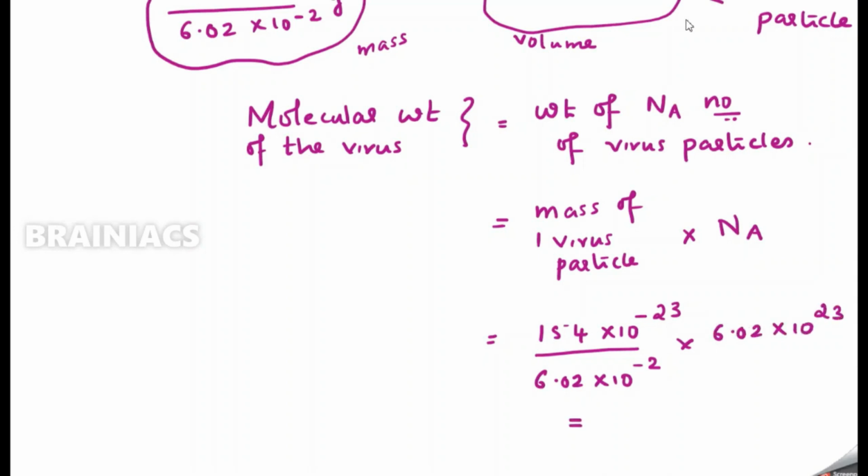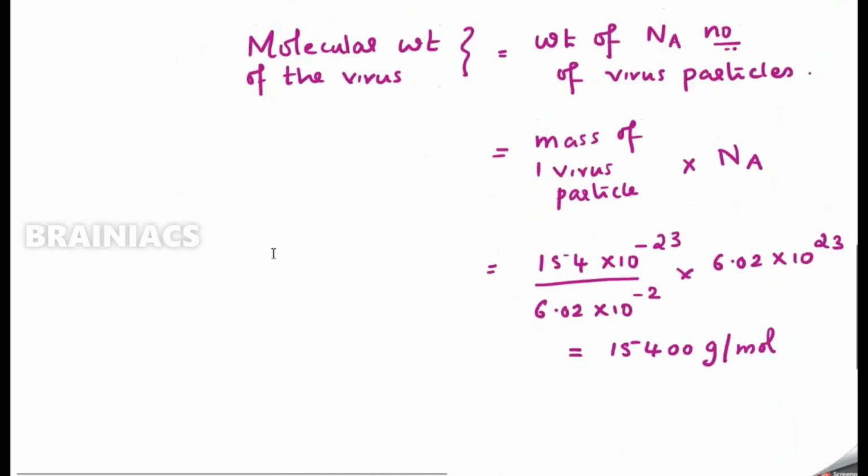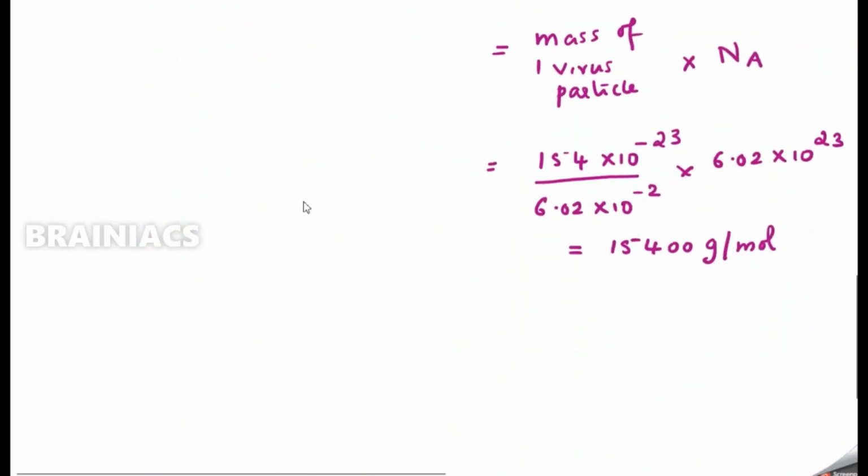If you do this calculation, you will get 15400 gram per mole. But the options are given in kilogram, so we need to convert this into kilogram. I will divide the answer by 1000, so this will become 15.4 kilogram per mole.